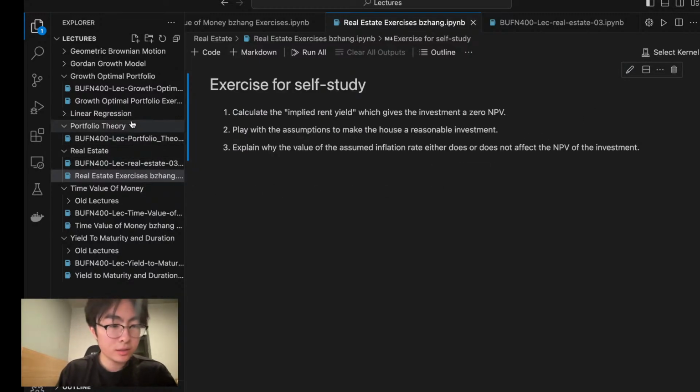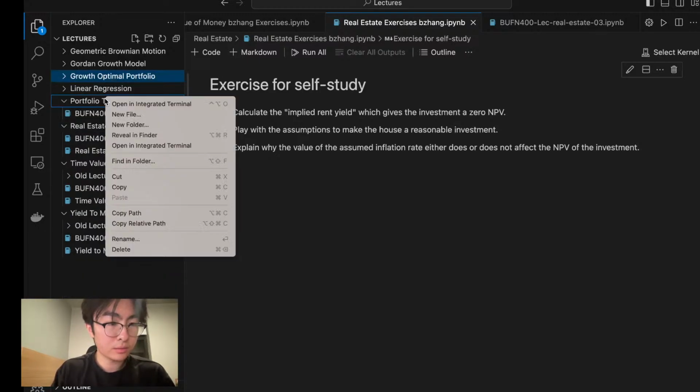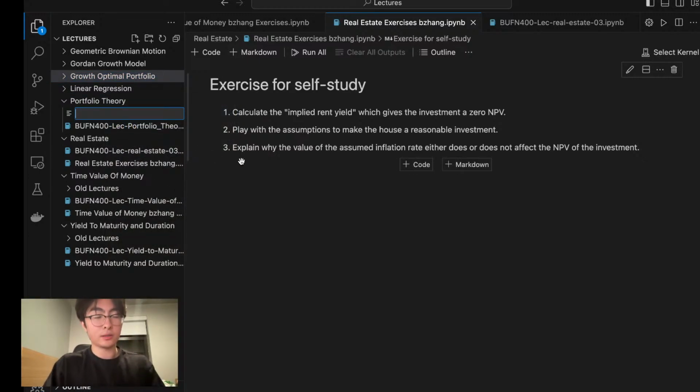Okay. I think that's it, right? Alright, we have linear regression. New file. Portfolio theory. Exercises using that IPYNB.